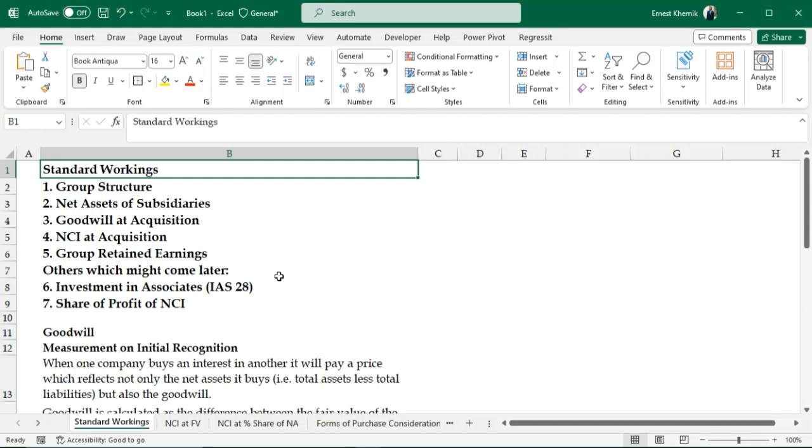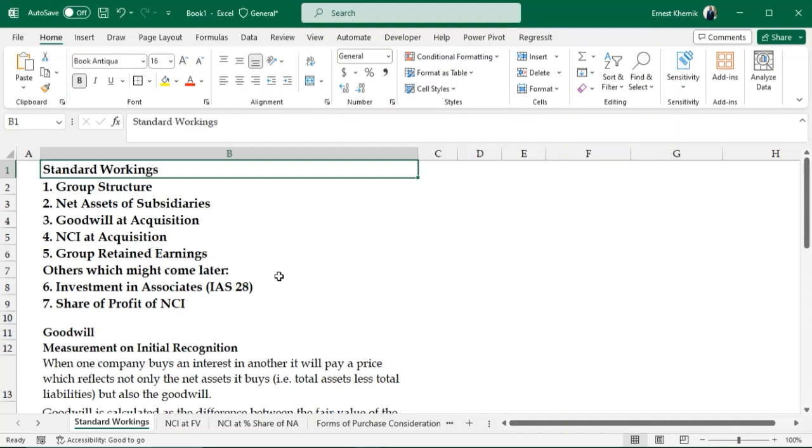I want to introduce you to those standard workings because they are going to be helpful in this particular video. So let's look at them. The first thing that you have to do is what we call the group structure. I'll be talking about them in more detail when we are solving questions, so just relax. I just want to introduce you to something called standard working so that when I'm talking about it you can relate. So we have the group structure.